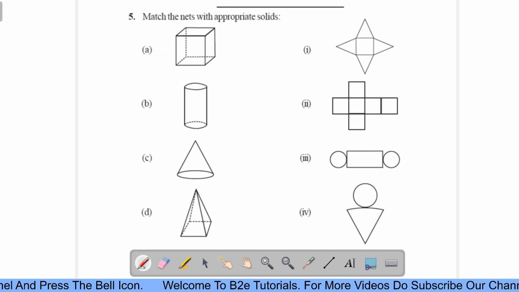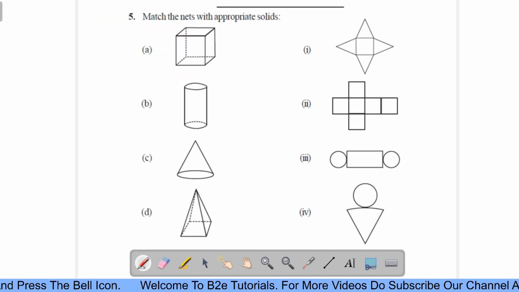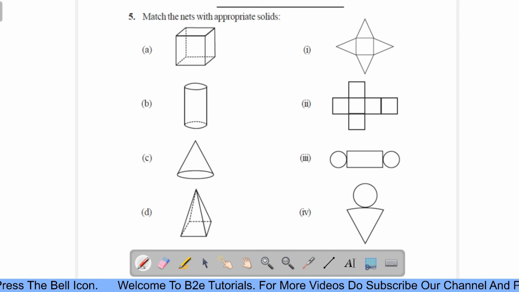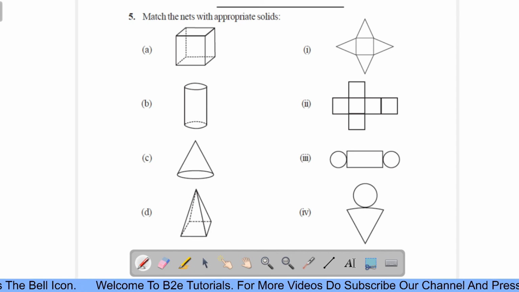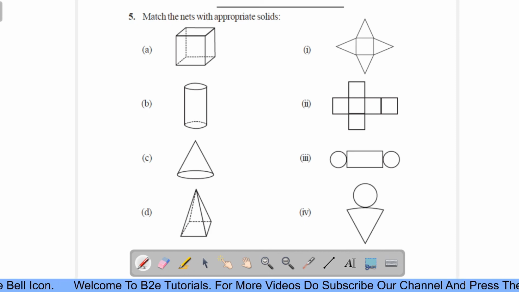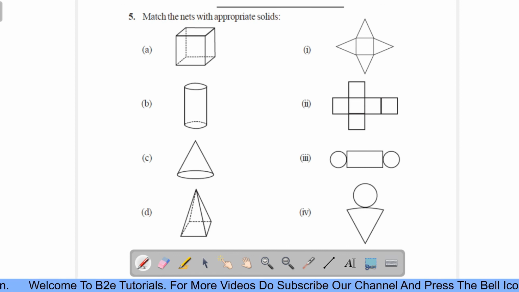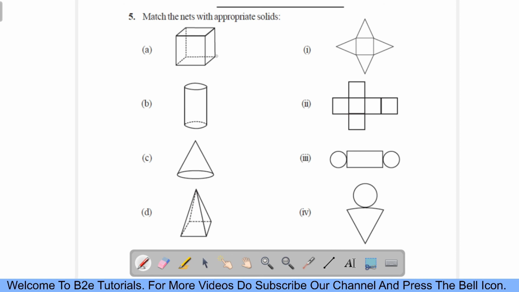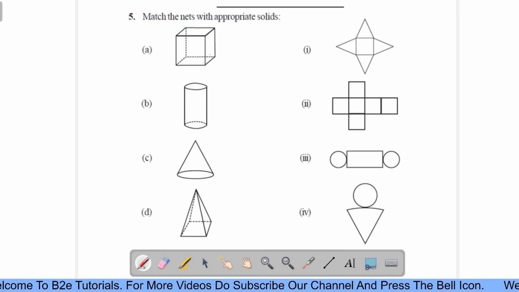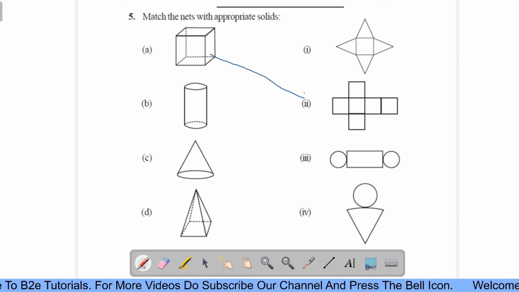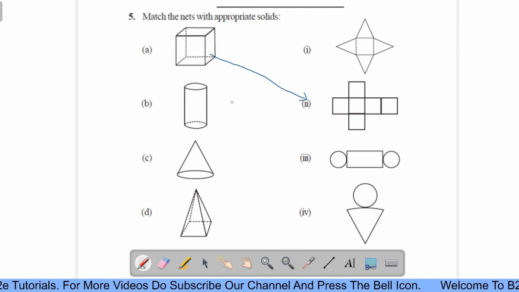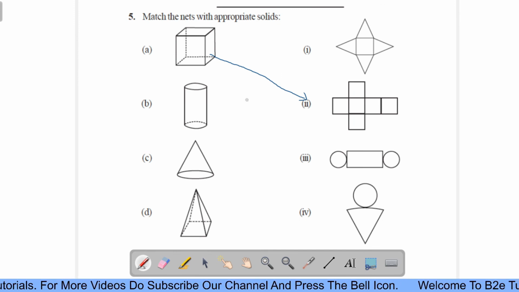Now come to next. See question number 5. Match the nets with appropriate solids. Here nets are given to you. You have to match it. Here it is a cube. Second part, then cylinder.